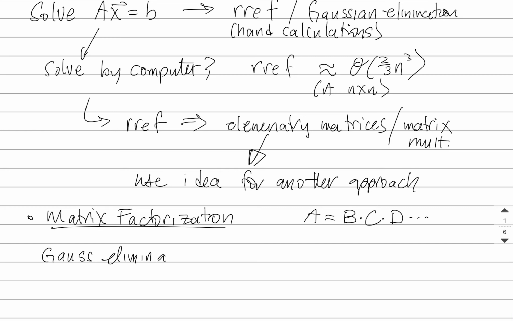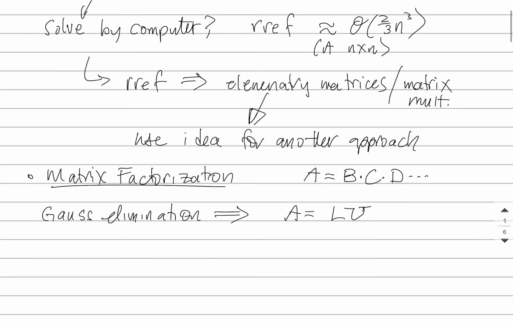It's going to turn out that there's one specific factorization of a matrix. It's going to be A = LU, where L is a lower triangular matrix and U is an upper triangular matrix.